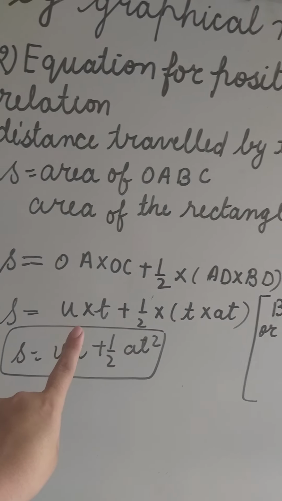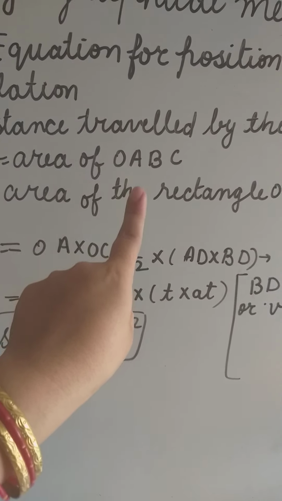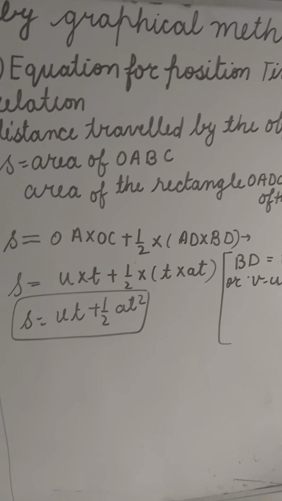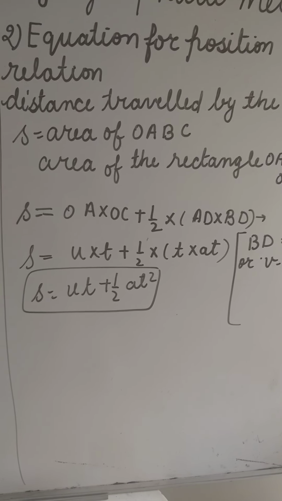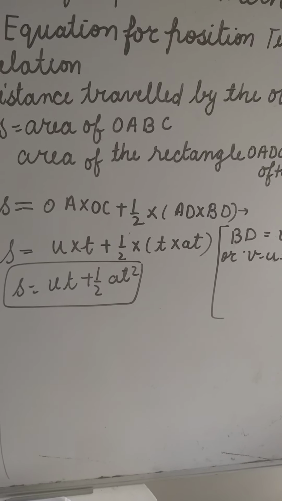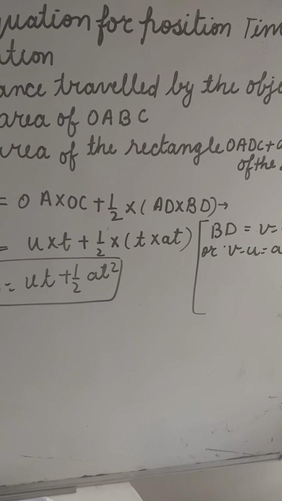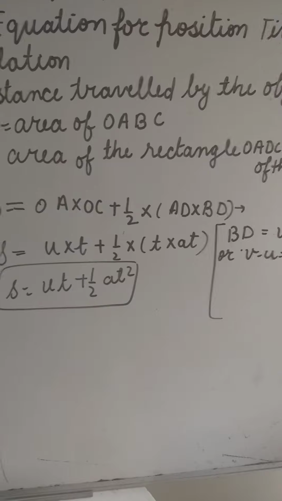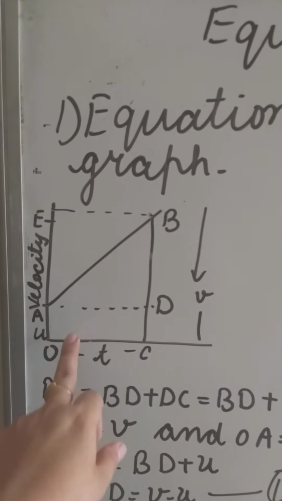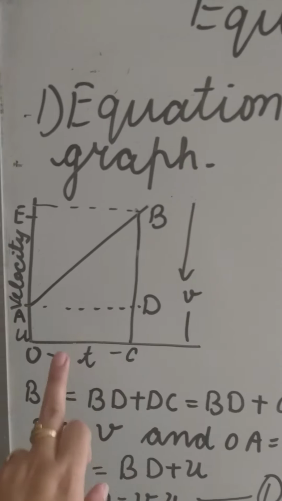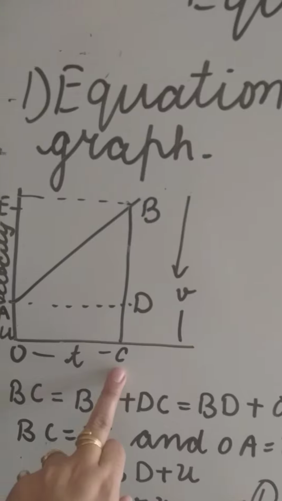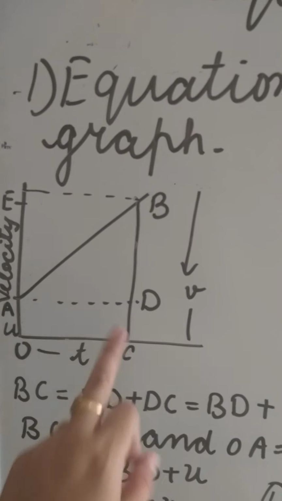The area of the rectangle is OA into OC, OA is equal to U and OC is equal to T. And AD is equal to T, as you can see here. Since OC is equal to T, AD is equal to T also.